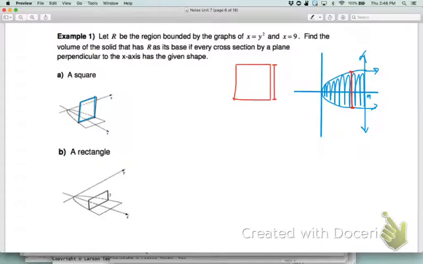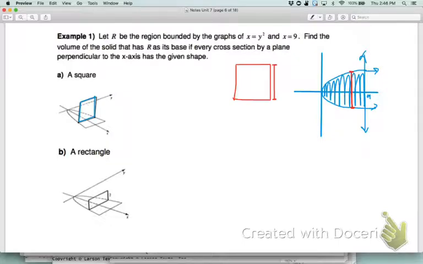Now, how would we find the distance between those 2 curves? It's exactly the same way that we found the representative rectangles when we were finding the area between 2 curves. It's going to be the top curve minus the bottom curve. Since these rectangles are perpendicular to the x-axis, we will need to integrate with respect to x.